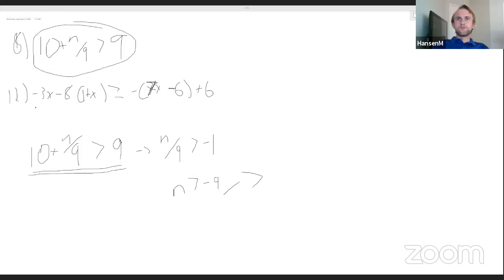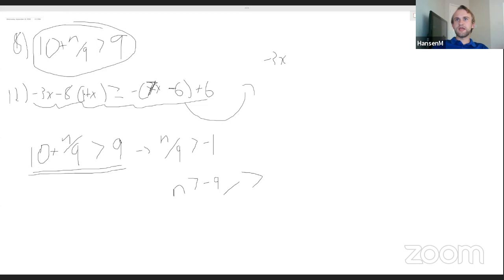So then let's look at number 12. It looks like the easiest way to do this is first we're going to need to multiply everything out by each other and then combine some terms. So first of all, we have negative 3x.